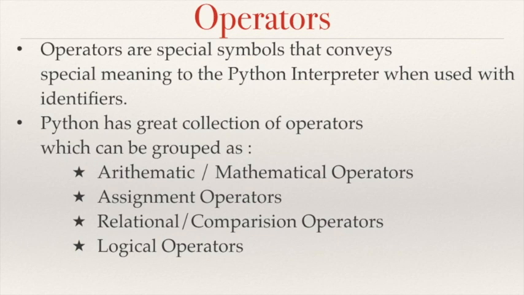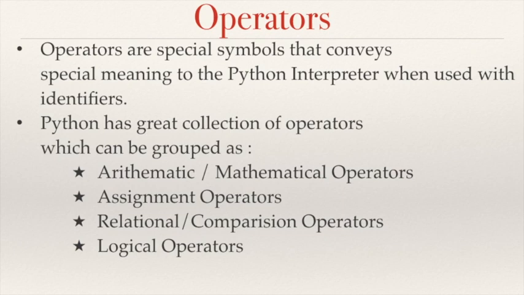Arithmetic or mathematical operators carry out calculative tasks such as adding two values or finding the quotient or remainder of a division, etc. Then we have assignment operators to associate an identifier name with a data object.